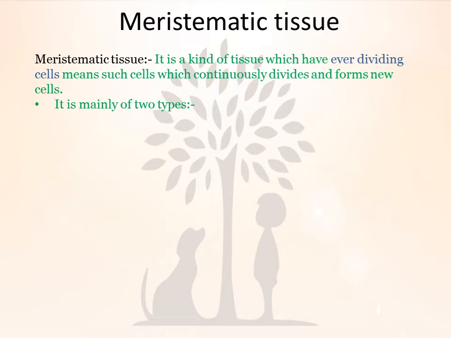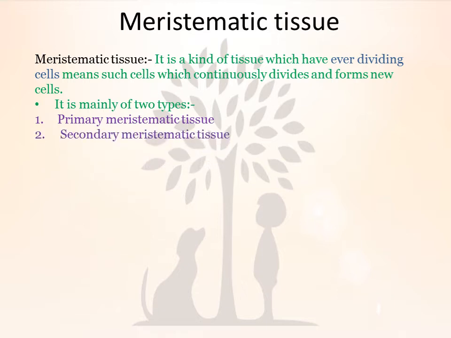It is mainly of two types, which we discussed in our sketch. The first type is primary meristematic tissue and the second is secondary meristematic tissue.